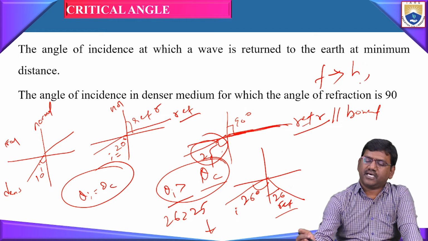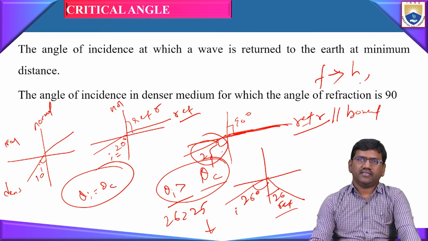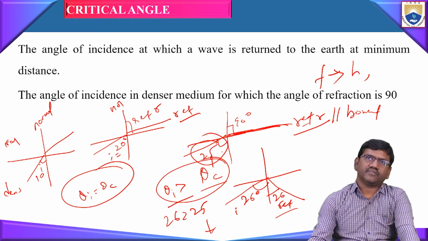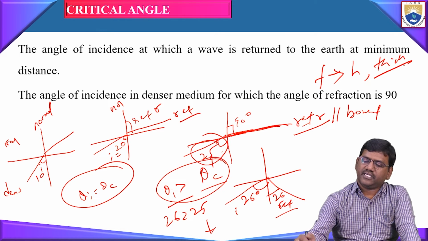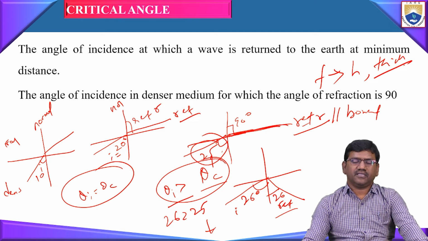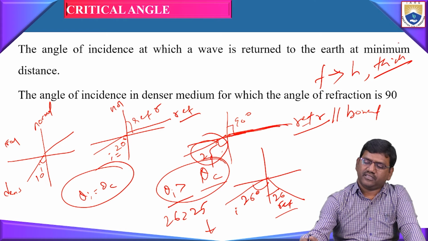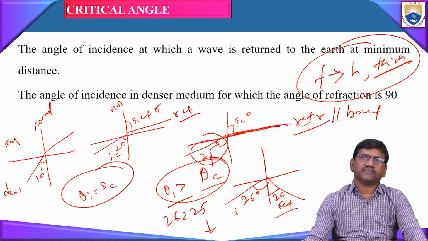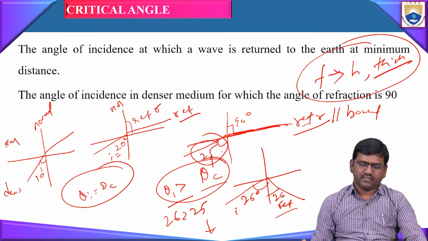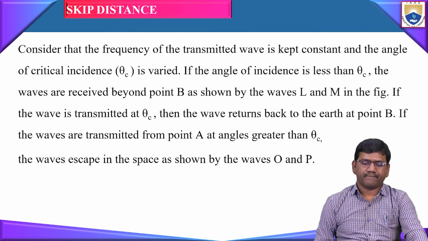It depends upon the height of the layer, that is the height from the surface of the earth to the layer. It depends upon the thickness of the layer. So the skip distance depends upon the frequency of operation, the height from the surface of the earth, and also the thickness of the layer. So this is about the critical angle.